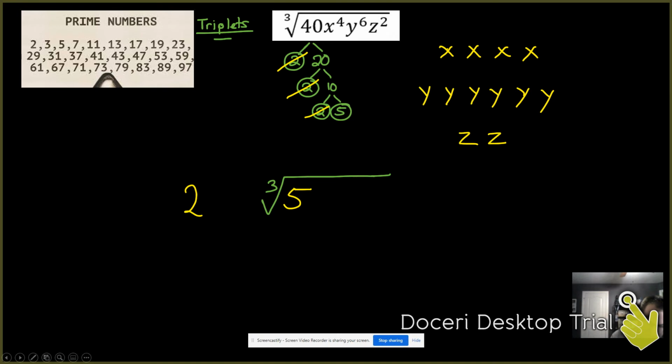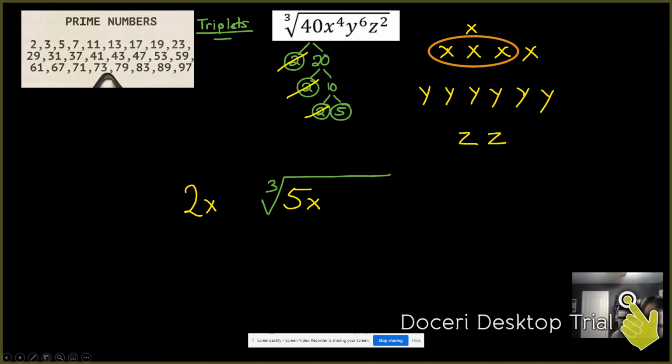And now we're going to circle them in sets of triplets. 3 x's. So there's 3. Only one guy gets to survive out of those 3. So only one x is escaping. And then that x that wasn't circled at the end is still stuck inside the radical.